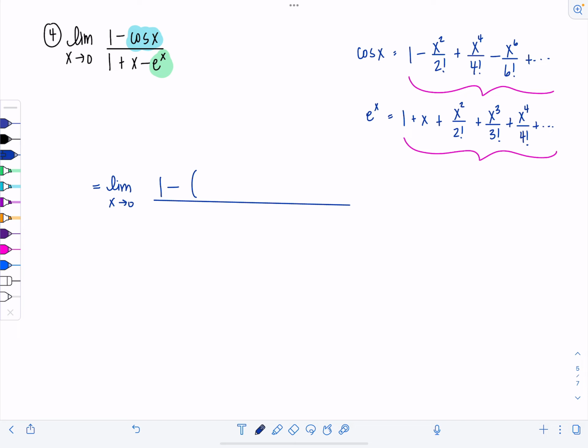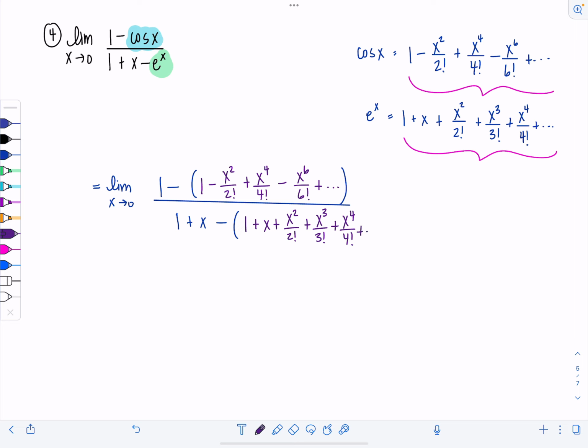Let's see what's going on in the numerator. 1 minus x squared over 2 factorial plus x to the 4th over 4 factorial minus x to the 6th over 6 factorial plus blah, blah, blah, over 1 plus x minus, and then now e to the x is 1 plus x squared over 2 factorial plus x cubed over 3 factorial plus x to the 4th over 4 factorial, etc. By now you should be old pros.